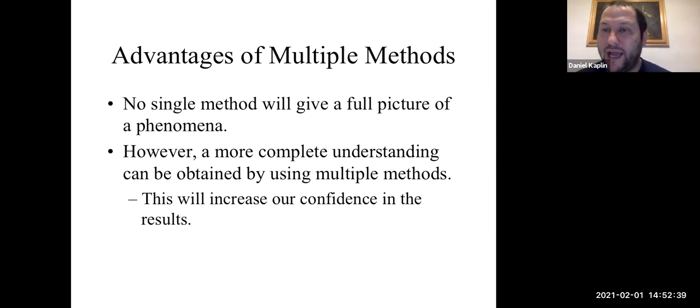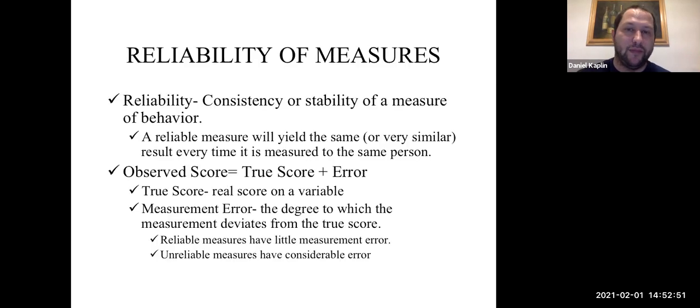The best way to capture a phenomenon is using multiple methods. So we use non-experimental methods alongside an experiment to capture more information about the phenomenon. So the next thing I'm going to talk to you about is reliability and validity.